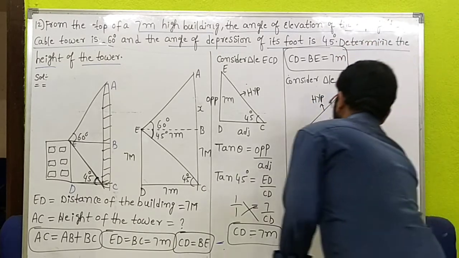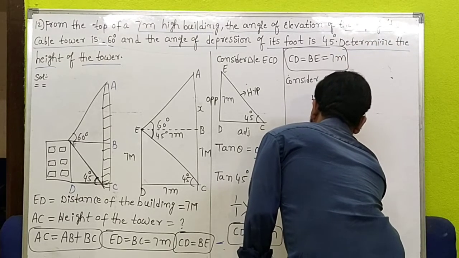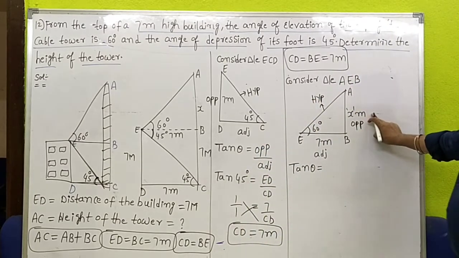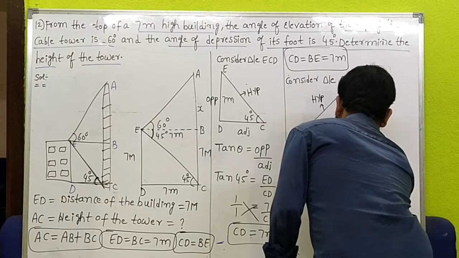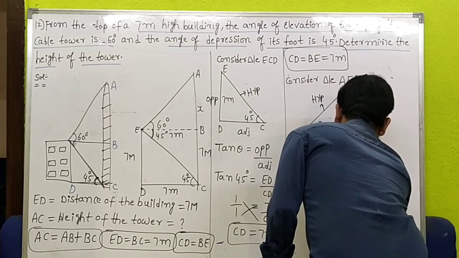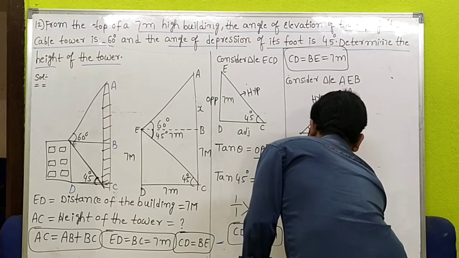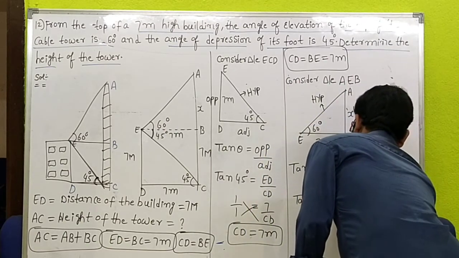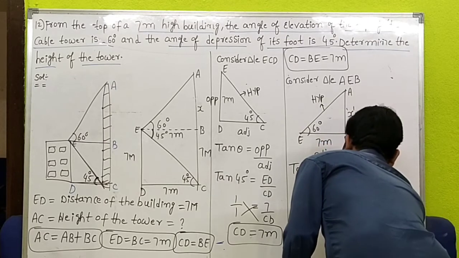So tan theta equals opposite by adjacent, because adjacent is given and we want opposite. Tan theta equals AB by BE.